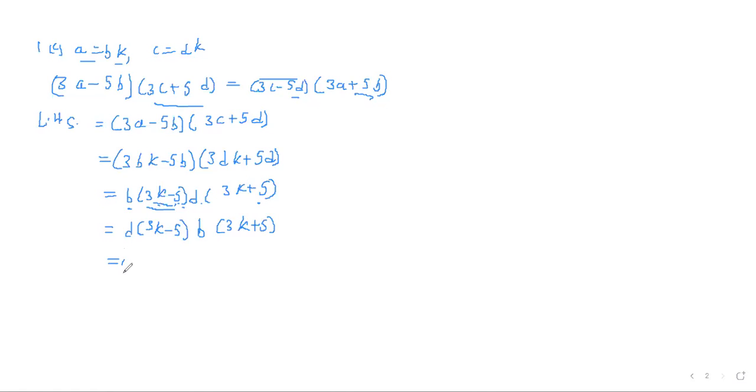Equals to, when we open the bracket, it is 3DK minus 5D, and multiply B with the second, 3BK plus 5B.